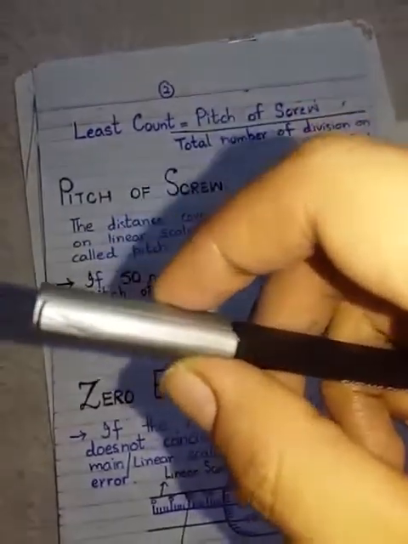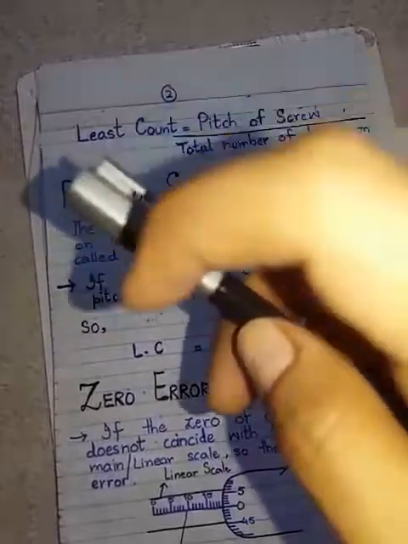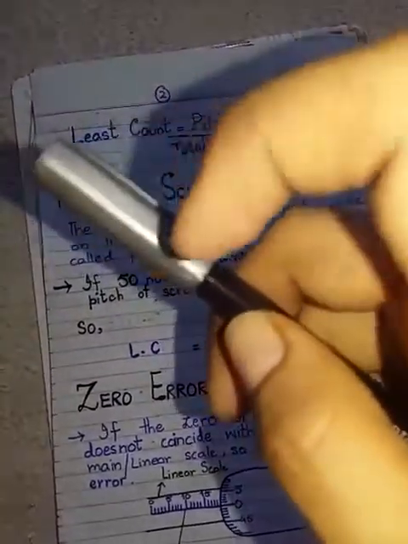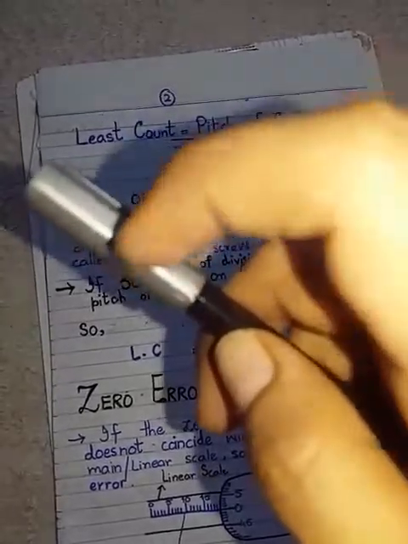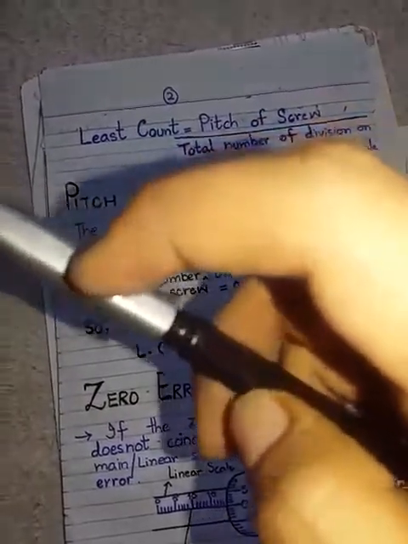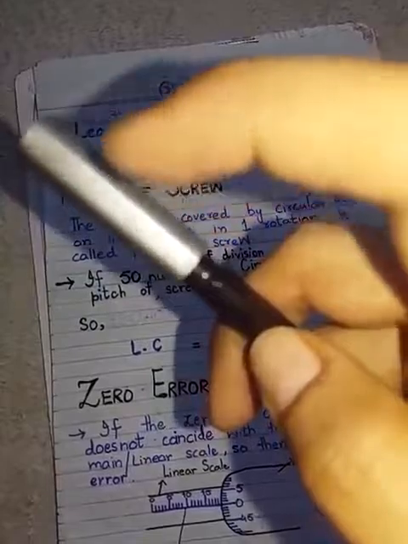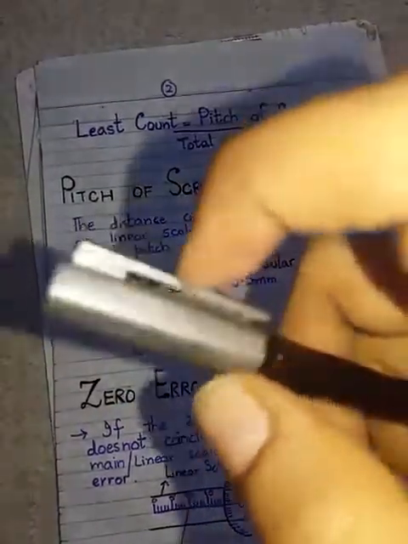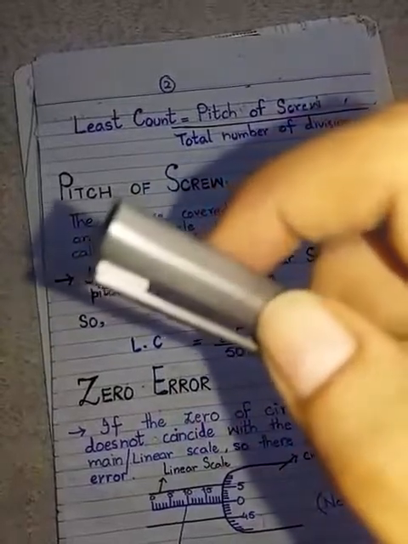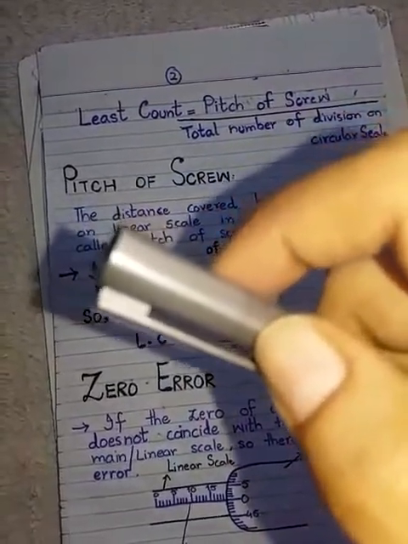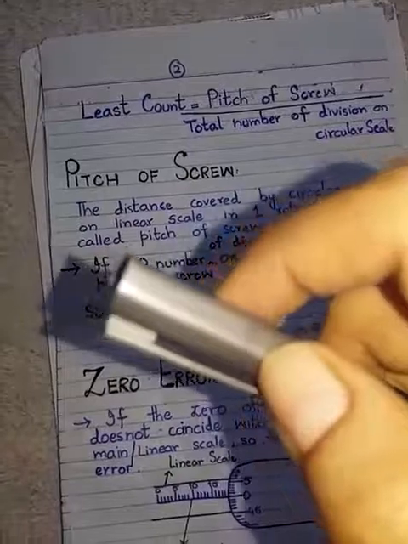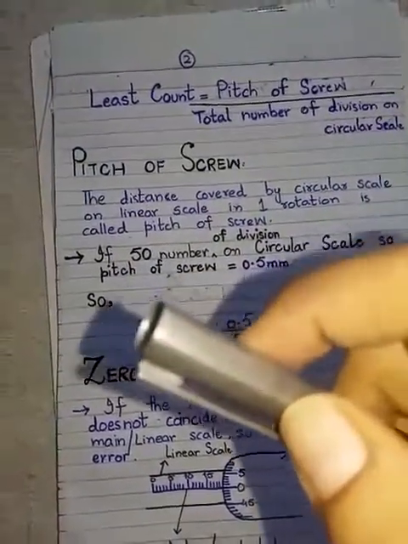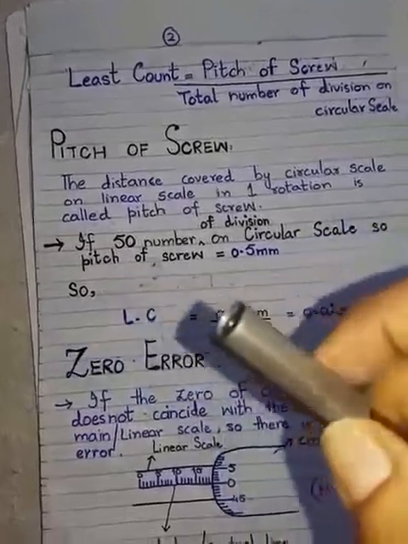And girls, suppose there are a total of 50 divisions on this circular scale. Then the distance covered by this circular scale on the linear scale in one complete rotation will be equal to 0.5 millimeter.